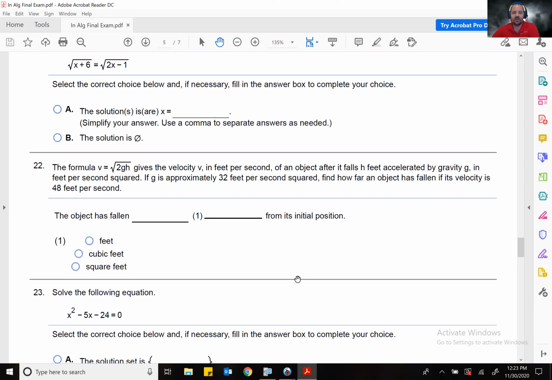If g is approximately 32 feet per second squared, find how far an object has fallen if the velocity is 48 feet per second. All right, so we know some things.